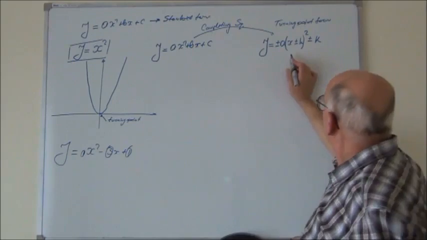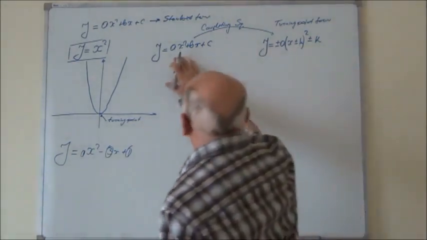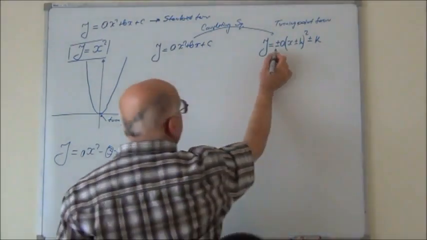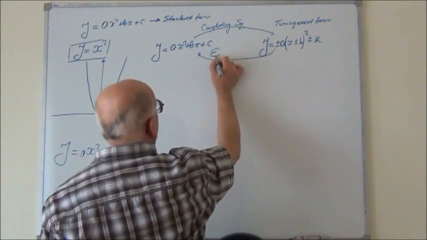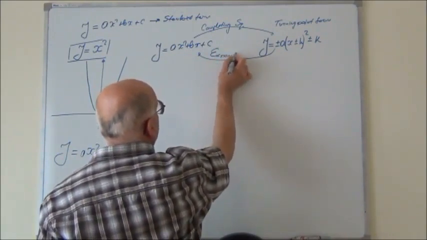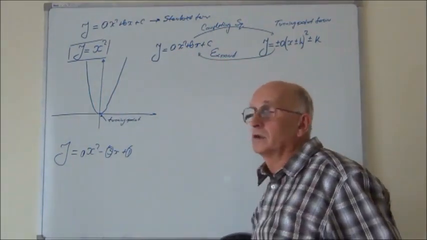Of course, in case we have an equation like that, but we need standard form, then we are going backwards. Instead of factorizing, now we have to expand. So when we expand this, we will get that form.